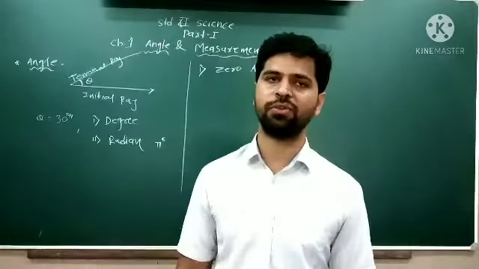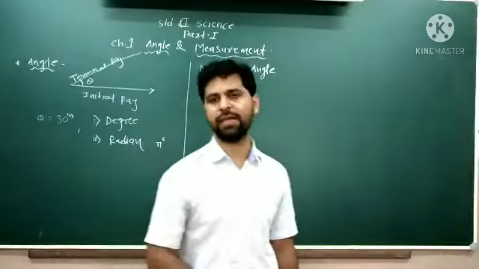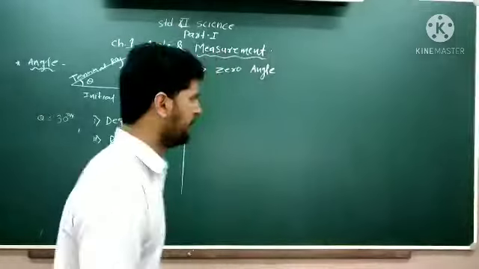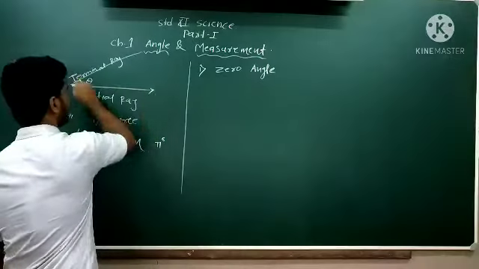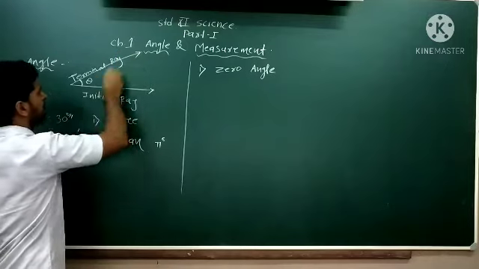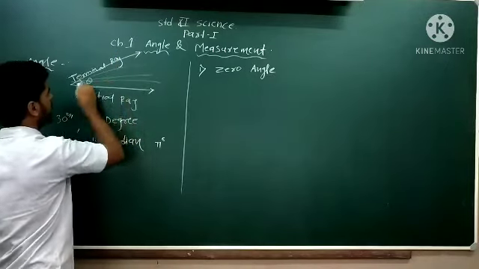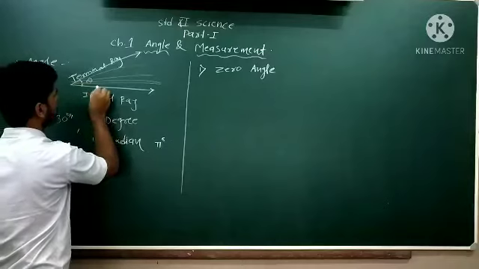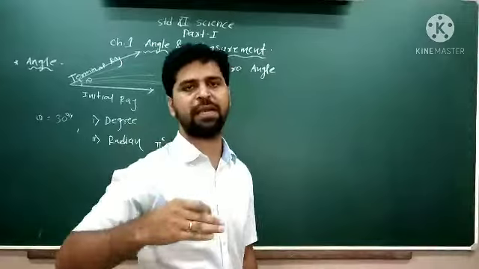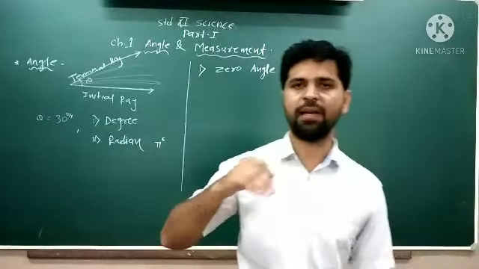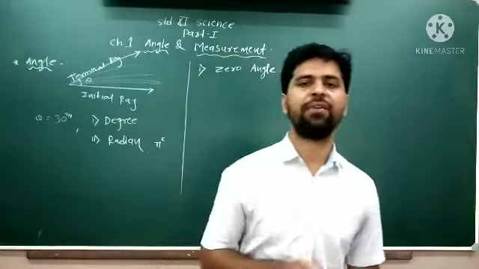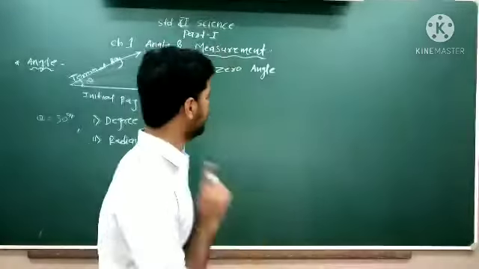Zero angle means the angle whose measurement is 0 degree. But when can we get a zero angle? See, like this, this is your initial ray and this is your terminal ray. When you bring this terminal ray down, like here, till here, onto the initial ray, so when the terminal ray and initial ray are on the same line, they are coinciding with each other, at that time we will get angle 0. That is known as zero angle.